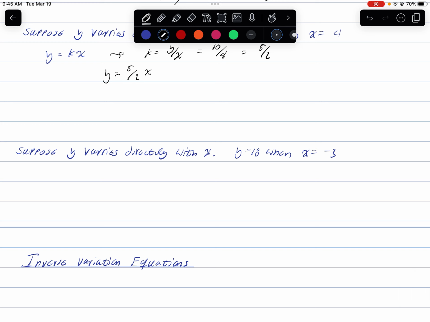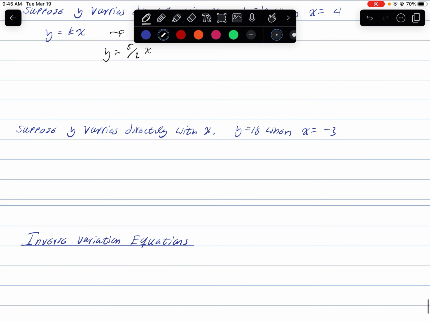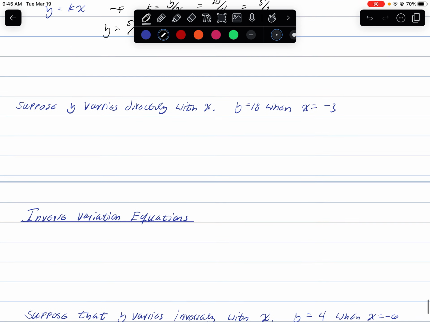Here we have y varying directly with x, where y is equal to 18 when x is equal to negative 3. So here again, we have that k is equal to y over x, which is going to give us 18 over negative 3. And 18 divided by 3 is 6, so 18 divided by negative 3 is going to be negative 6.